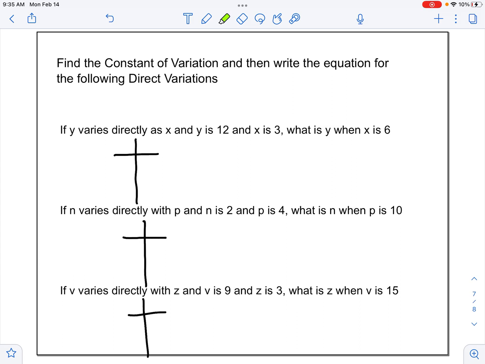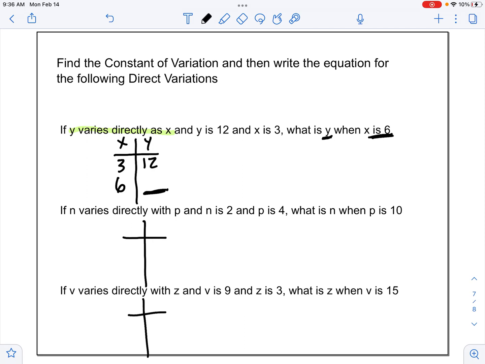So let's look at this. Y varies directly as x. So I know this means direct variation. So my y is 12, like here's my first one. Y is 12 and x is 3. So now it wants to know what is y when x is 6.